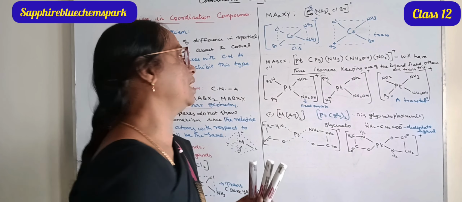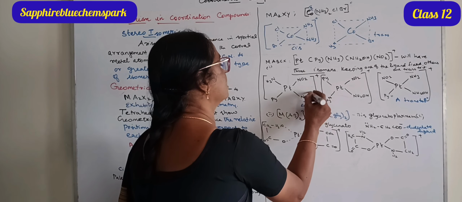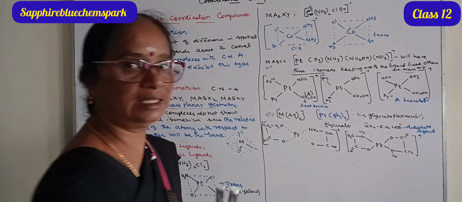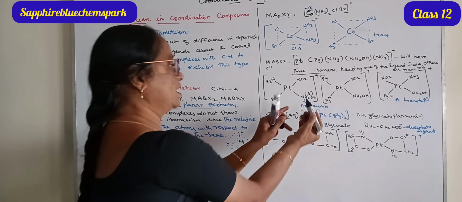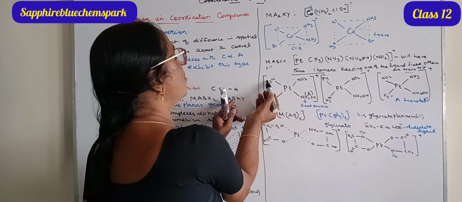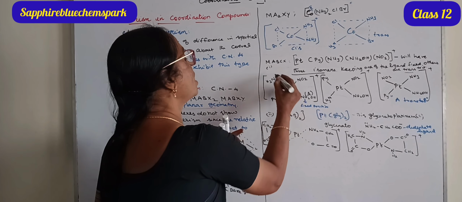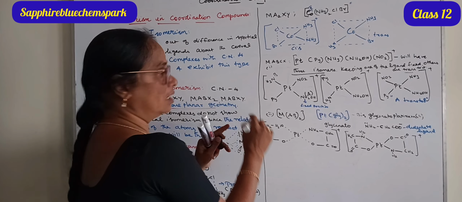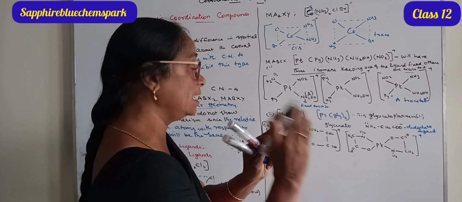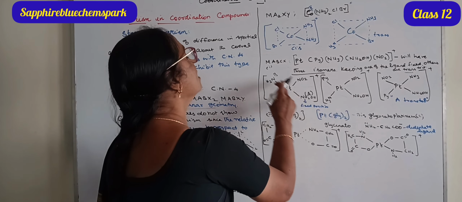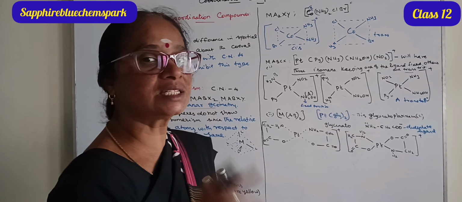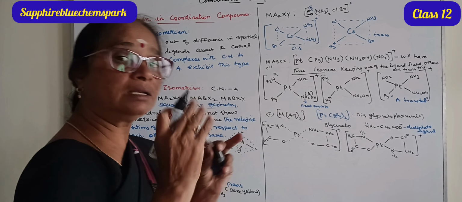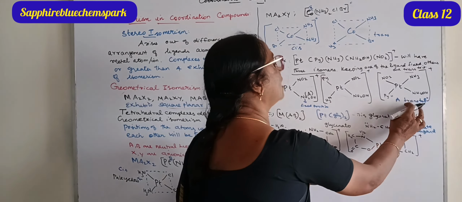If one of the ligands is fixed, then it is taken as A. And with respect to A, the ammonia is trans, so I can say this is B. So their name is generally represented as A trans to B. Such complexes are usually termed as A trans to B.